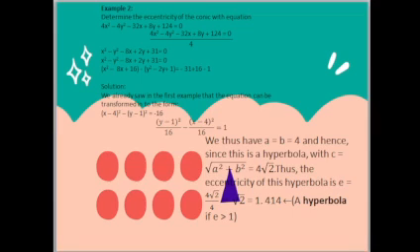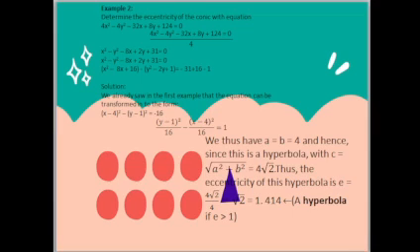Okay, example number 2. Determine the eccentricity of the conic with equation 4x squared minus 4y squared minus 32x plus 8y plus 124 equals 0. Since all the terms are divisible by 4, we need to divide each term by 4. So 4x squared divided by 4 is x squared.